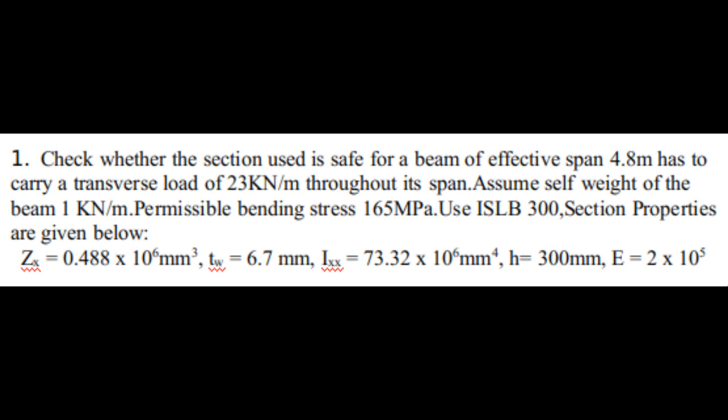Then IXX, the centroidal moment of inertia about the x-axis, is given. h is the height or depth of the beam section, and E is the modulus of elasticity of steel, that is 2 into 10 to the power 5 MPa, Newton per millimeter square. So please note down all these values and also the question, and then proceed further.